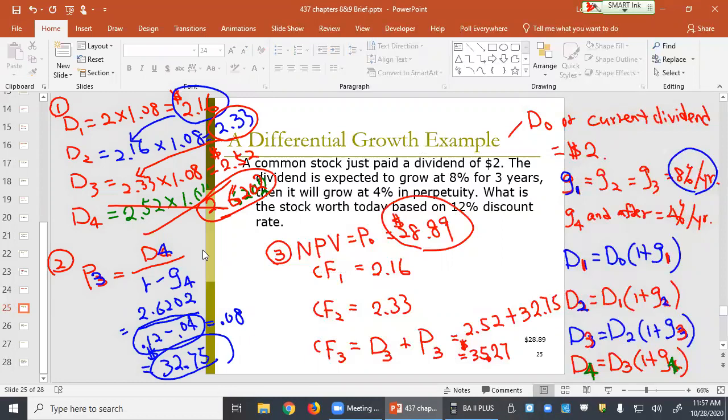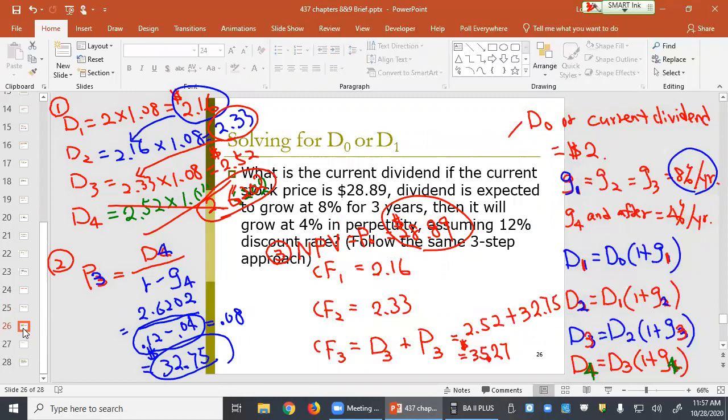So let's look at the next 2 examples. Okay, so rather than solving for P0, what if I want you to solve for D0 or D1? So I'm going to erase this.